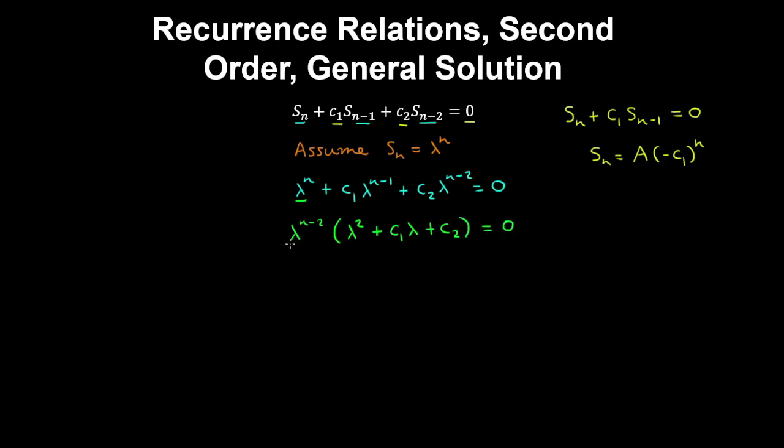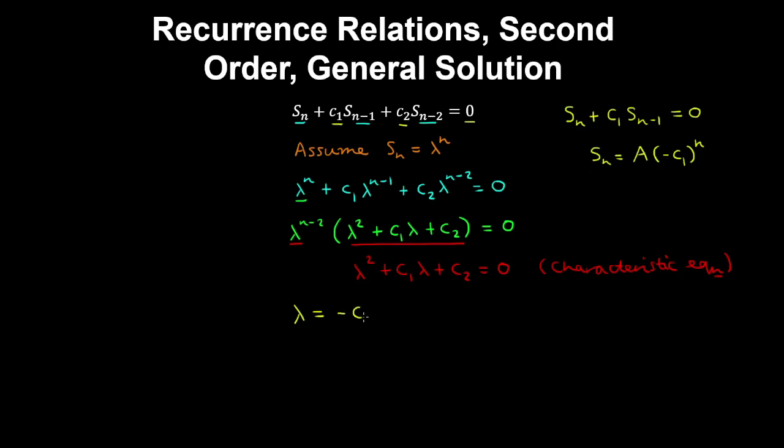And therefore for an arbitrary lambda, this equation here must be 0 to satisfy this equation. And this is known as the characteristic equation. And we can see it's a quadratic, so the solution is obtained using the quadratic formula.